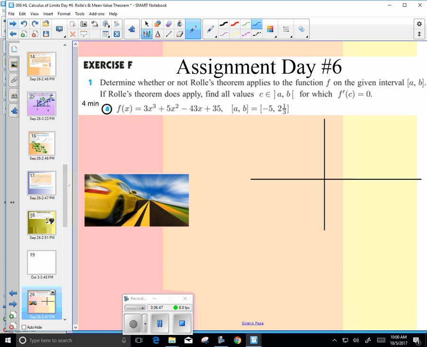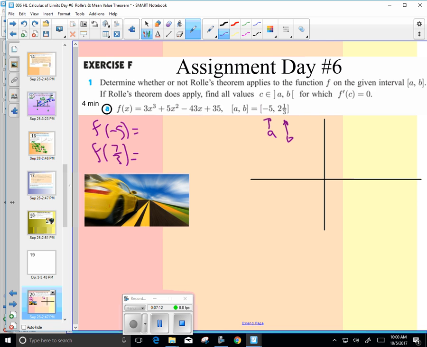Your first one. Determine whether or not Rolle's theorem applies, and then find the values for where the derivative equals 0. So what you're doing here for Rolle's theorem, here's your a, and here's your b, f of -5, and f of 7/3.